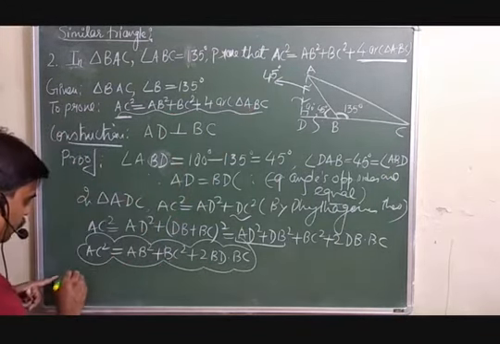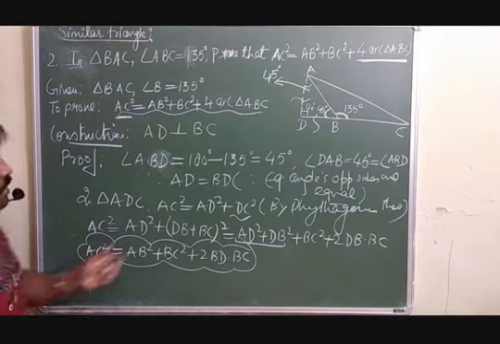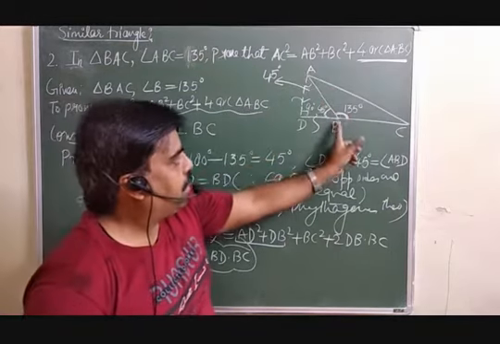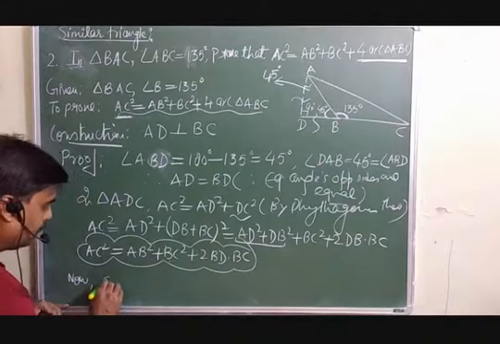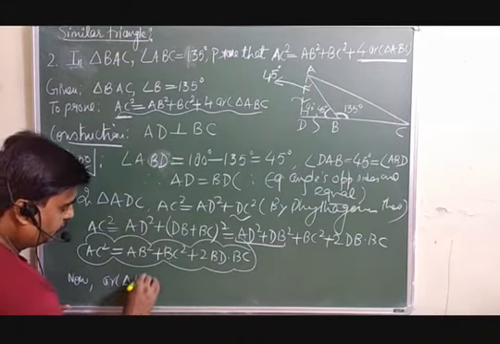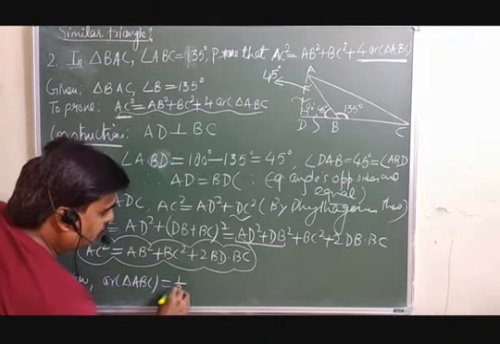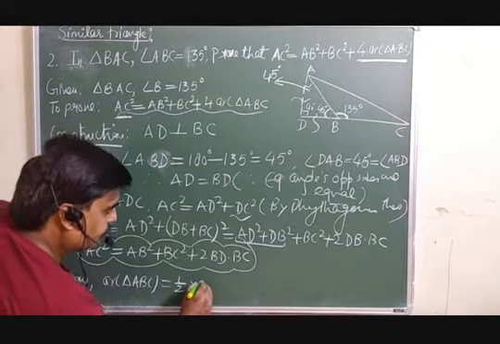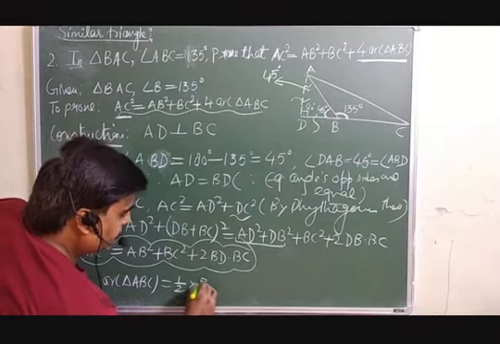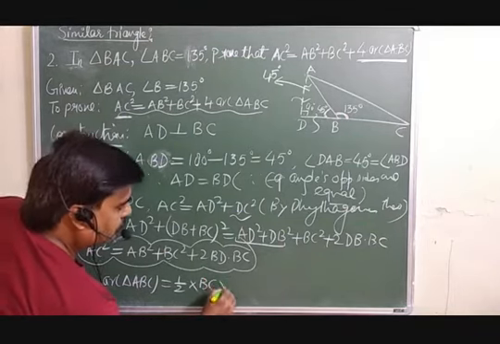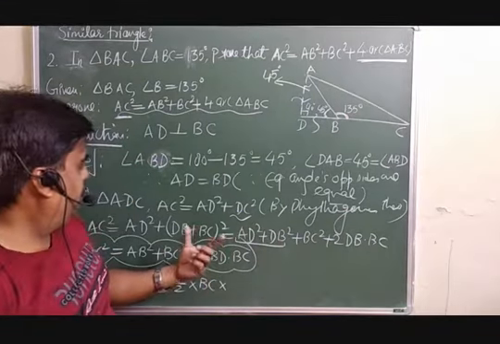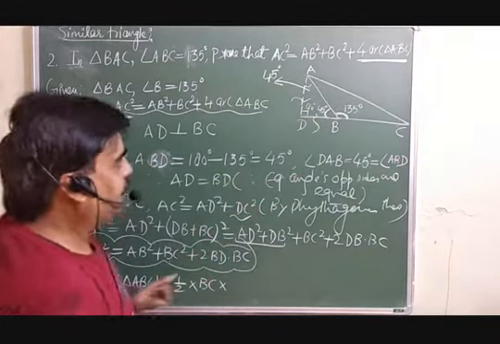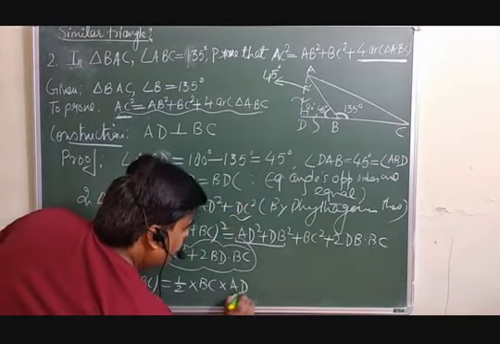So now you are supposed to calculate the area of this triangle ABC. So what will be the area of the triangle? That will be equal to 1 over 2 into base BC into your perpendicular AD. Perpendicular is AD.